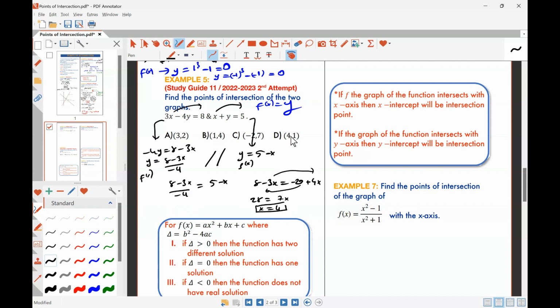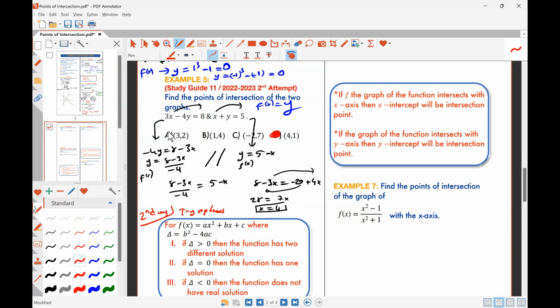So I don't have to find the y value because it seems in the options there is only one option with x equals 4, which is option D. So I don't need to find the y value. I don't need to waste my time. So this is the way of solving these kinds of questions. Another way would be trying options.